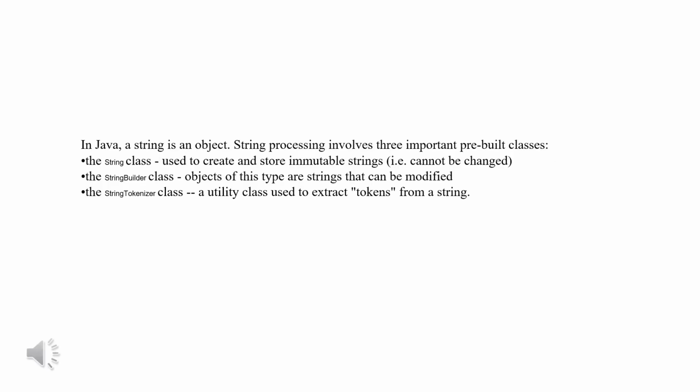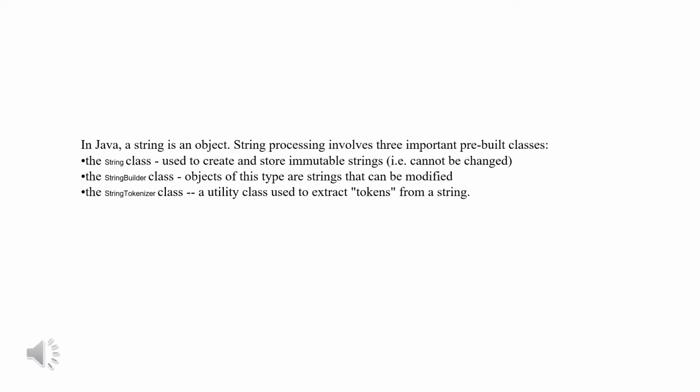So let's see what we have in Java for strings. A string in Java is actually an object. When we want to process strings, we will face some important pre-built classes.